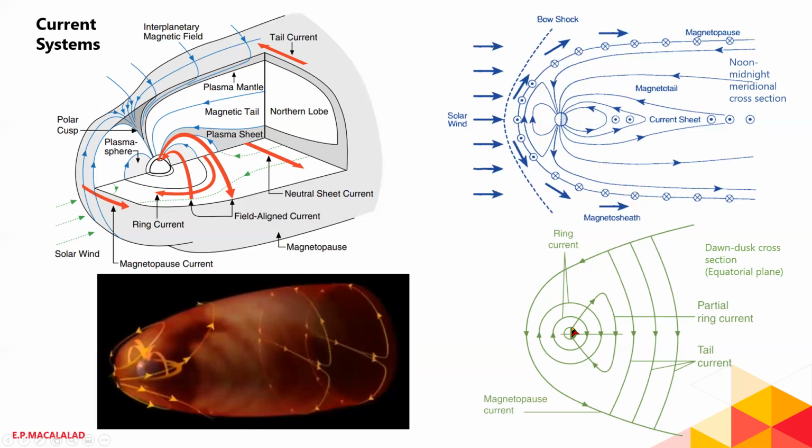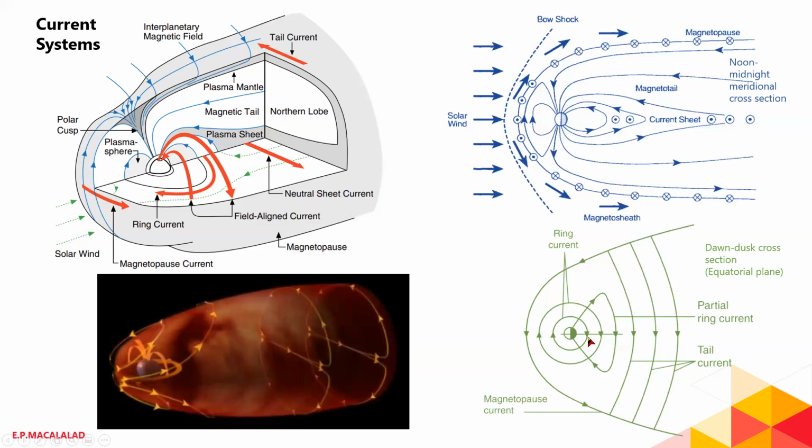This part is dawn, because remember, the Earth is spinning like this. So this is the dawn, this is the dusk, and this is dawn. So that's dawn-dusk. This is cut along the equatorial plane, and you can imagine this by looking from above.